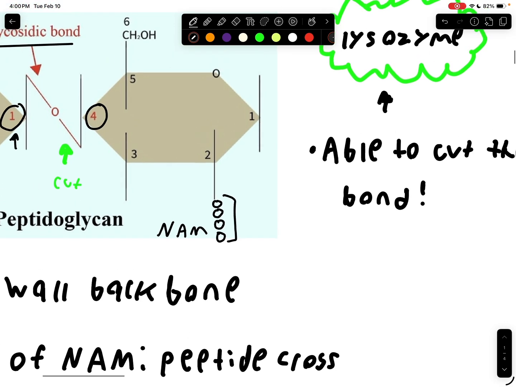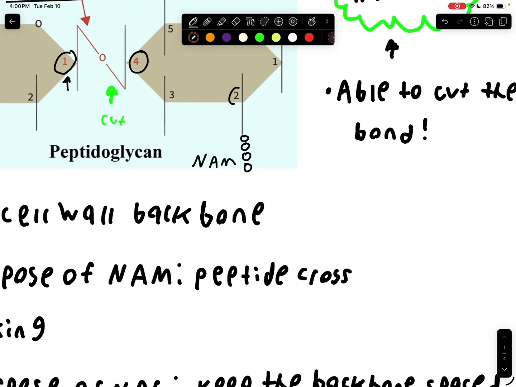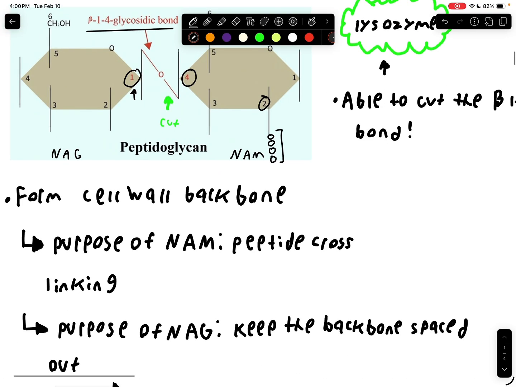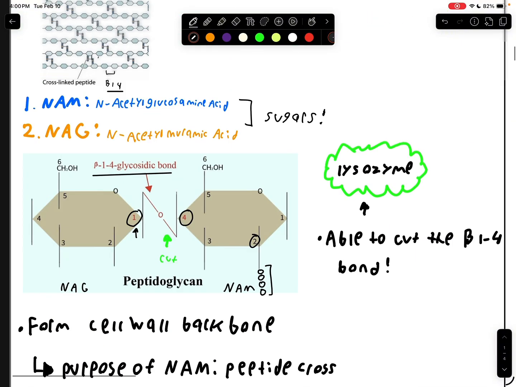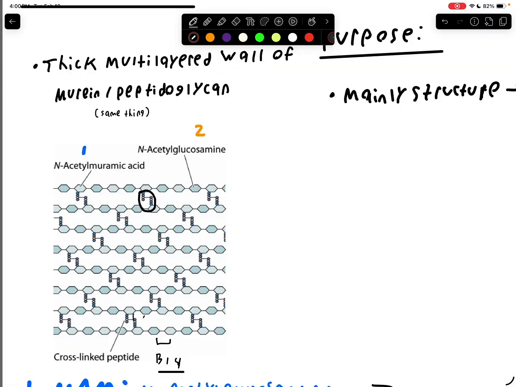If you go somewhere else and you say, hey, it was actually on carbon 5 or it was actually on carbon 3, this is just to give you an example of what it looks like. It's not the actual position of it in 3D space. So as you can see on carbon 2, you can have these peptides on the NAM. And so the reason we want the NAM is to allow for that peptide cross-linking, which is this part right here. We need this to connect the two layers.